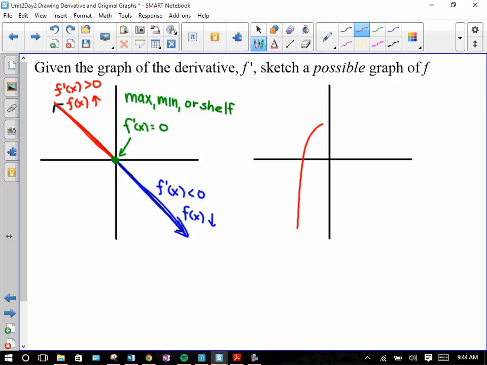From 0 to infinity it is decreasing. What's the only possible thing that can go there? A maximum, minimum, or shelf? Maximum. So we know that right here, there has to be a maximum.